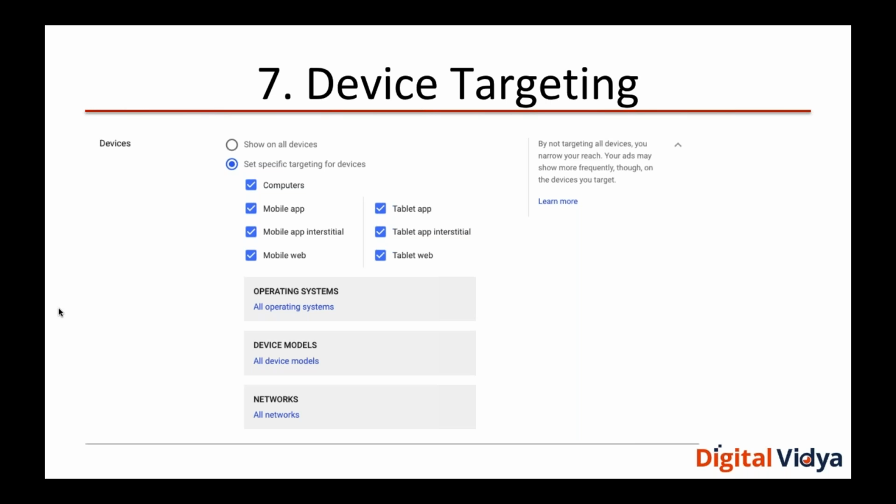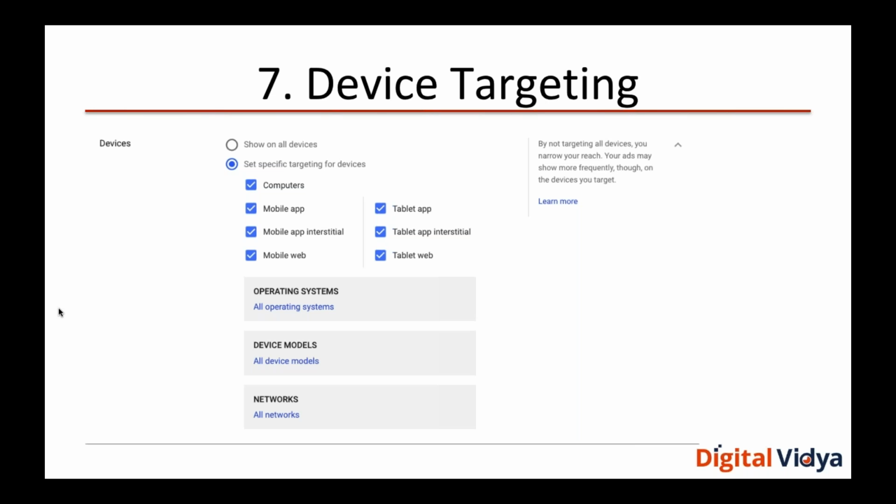Now you may ask, why should we target only specific devices or specific carriers? My answer would be, it's just an option that is there. If for some reason some analysis reveals that, let's say, maybe Apple devices or iOS operating systems are for some reason delivering the maximum results for you, maybe you can try and create a campaign just focusing on those devices.